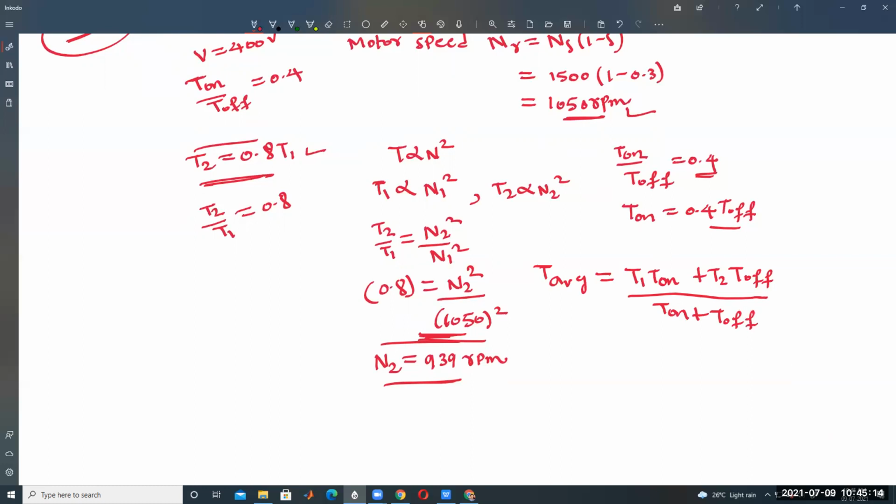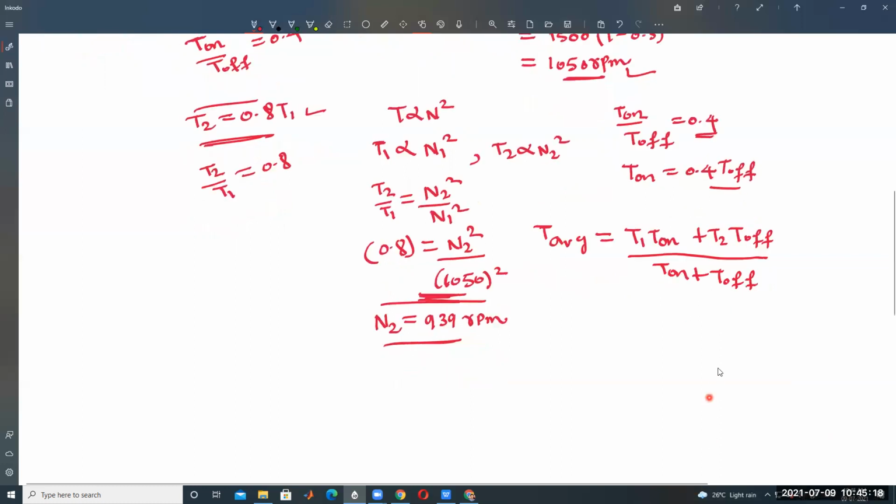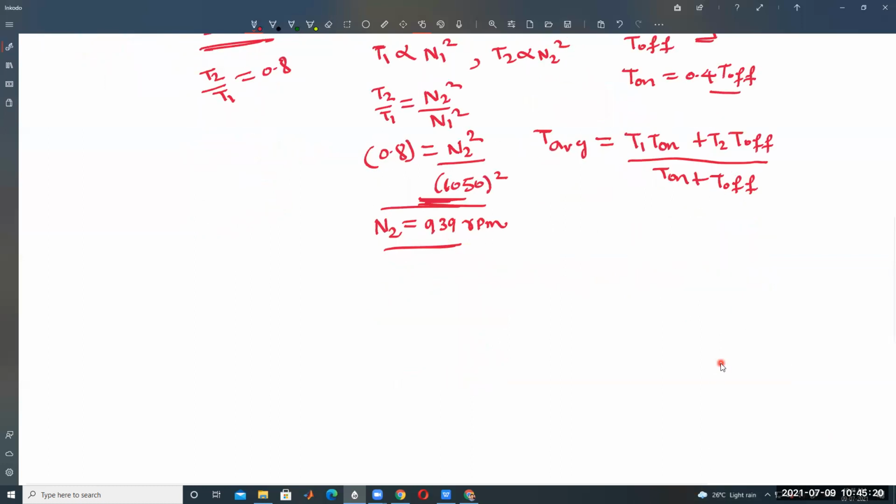Here T1 is 50 and T2 is 40. So 50 into T on plus 40 into T off, divided by T on plus T off.